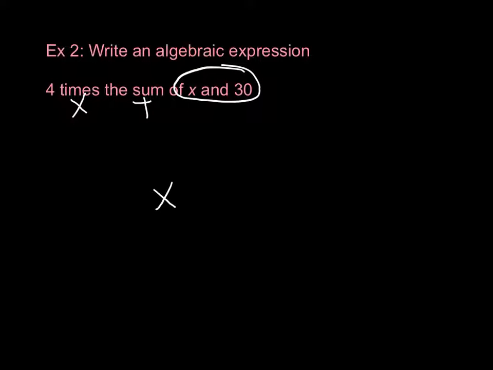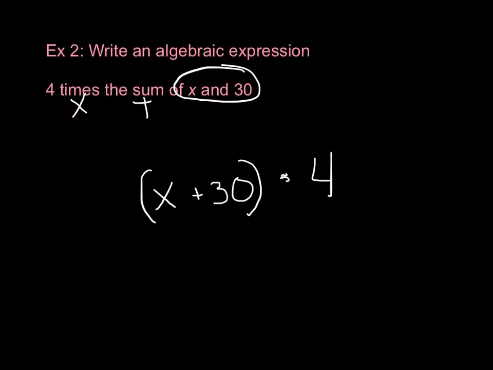So I'm going to do x plus 30. And then it says that I need 4 times that. So whatever x plus 30 is, I need to then multiply it by 4. See that? So here's an acceptable answer to write an algebraic expression, 4 times the sum of x and 30.